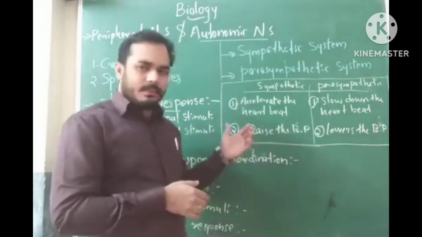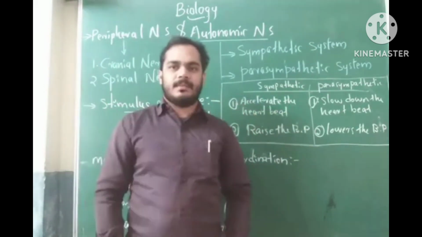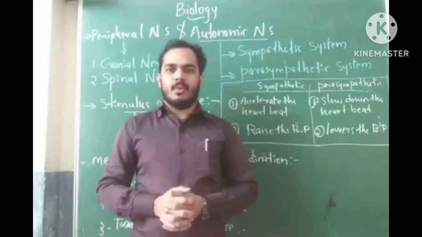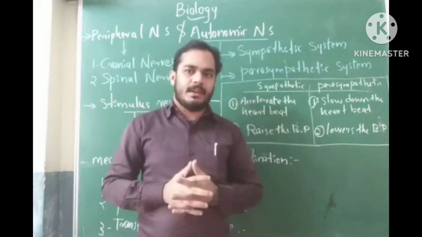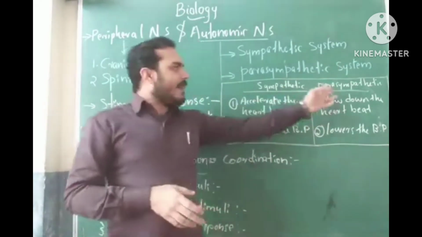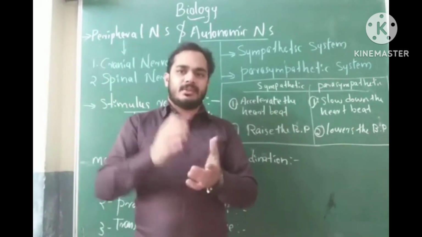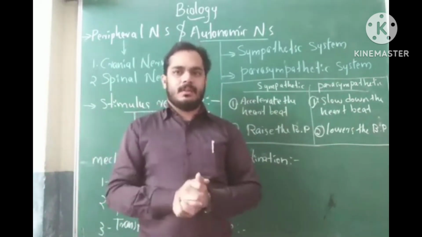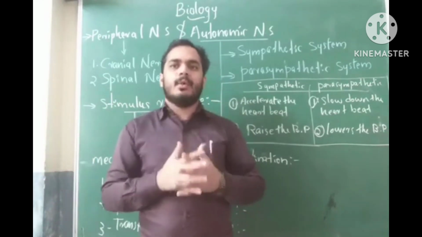I will explain with one point here: accelerating the heartbeat. In some particular situation the heartbeat suddenly increases. What happens? The parasympathetic system controls the heartbeat and slows it down. This is one peculiar action in the human body.